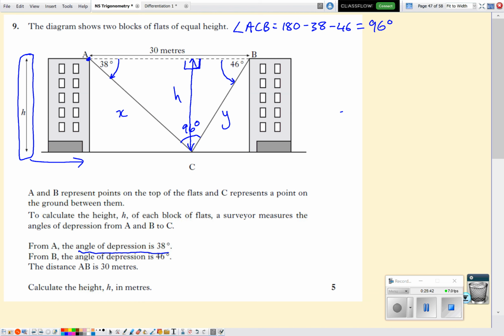If you were to look at finding x, so finding side B, there's not two sides and the angle in between them. There's not all three sides. It's certainly not an area question. So that's a sine rule question. I could use the sine rule to work out x, but at the same time, I could use the sine rule to work out y. And in this sort of question, it doesn't matter which one you work out.